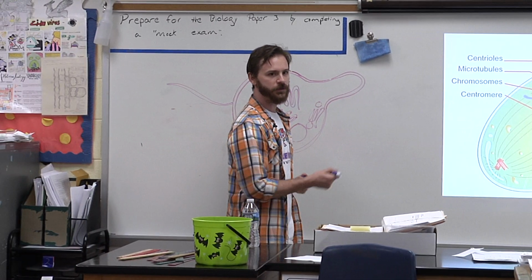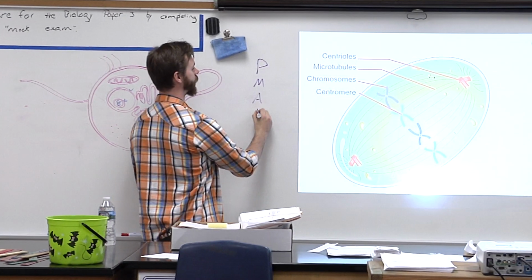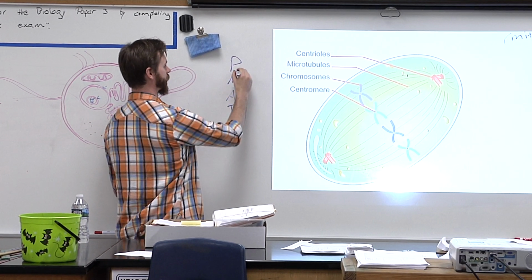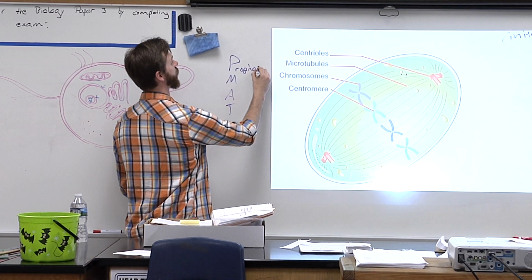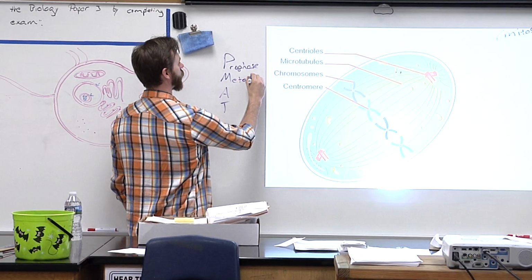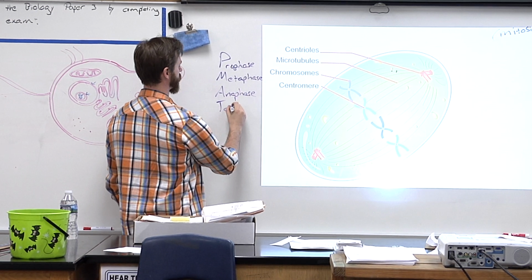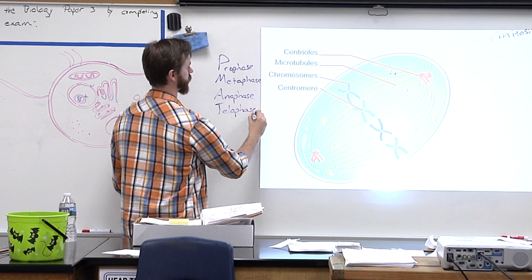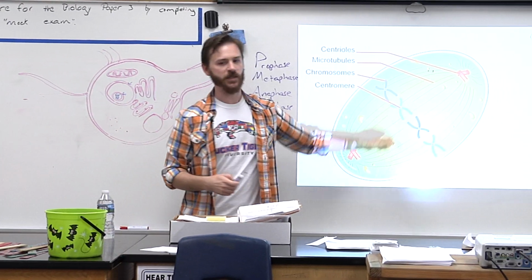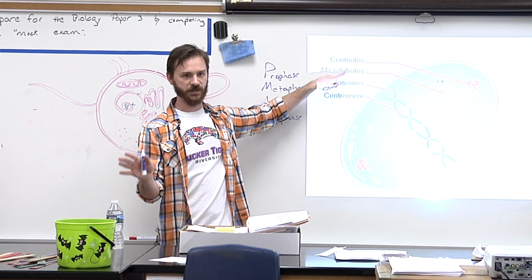And just for review, mitosis, what are the phases? PMAT, good. Prophase, metaphase, anaphase, telophase. Cytokinesis isn't technically part of mitosis for what you're talking about. Now, the centromere is a protein complex that allows the sister chromatids to bind to each other, and it allows what you might have called spindle fibers, which is the same thing, both count.